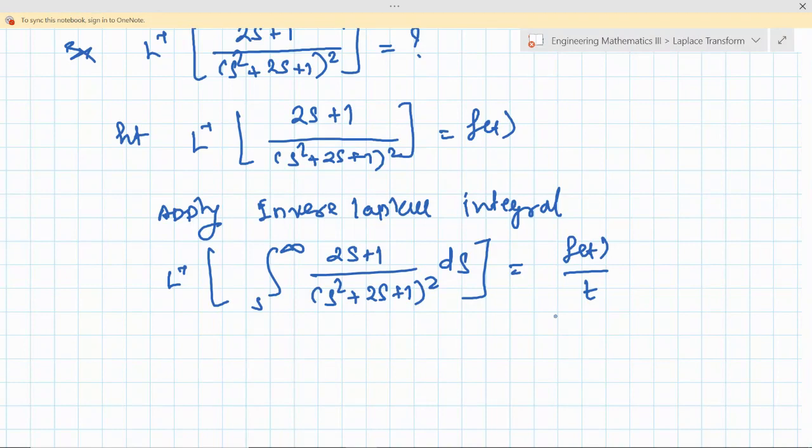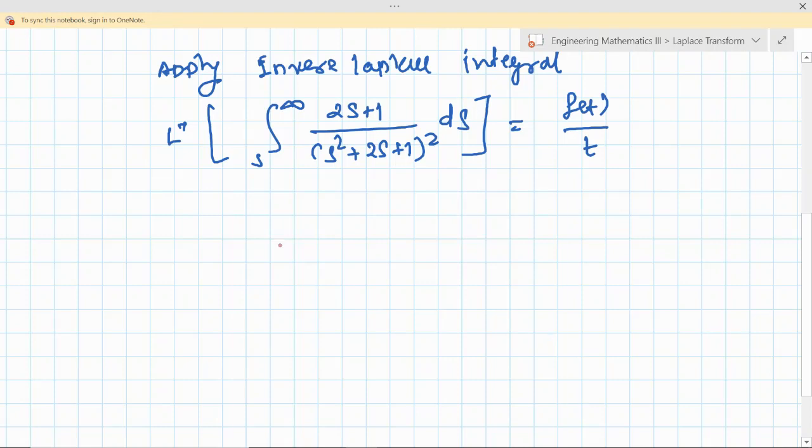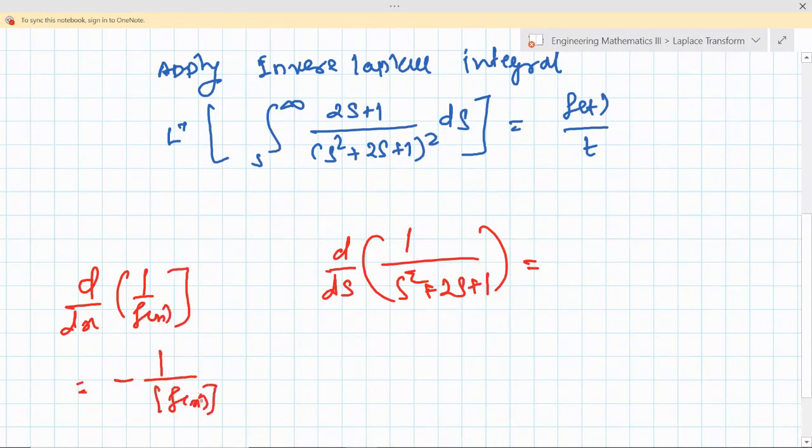If you take the derivative of this, let me explain. If we take d/ds of 1 upon s square plus 2s plus 1, what is the derivative? See, what is d/dx of 1 upon f of x? This is equal to minus 1 upon f of x square into f dash of x.